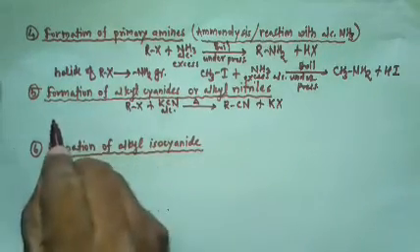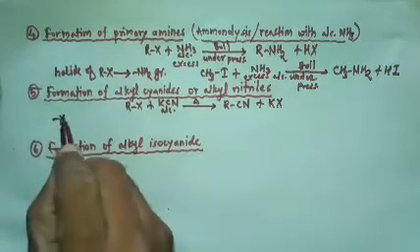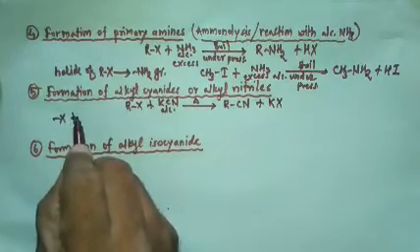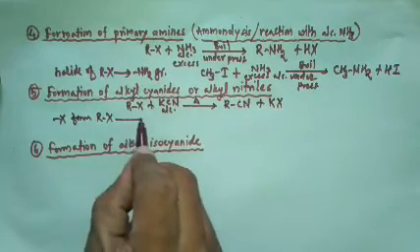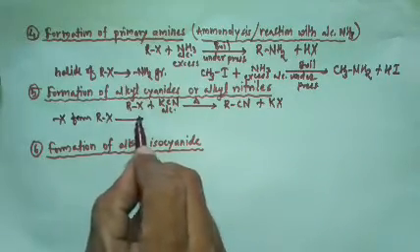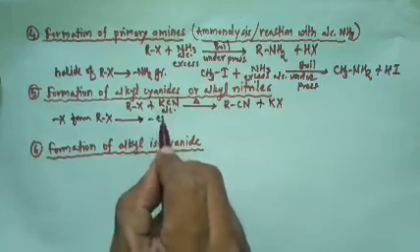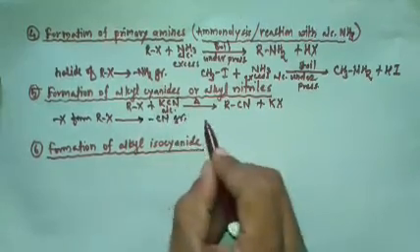So in this reaction, halogen from alkyl halide gets replaced by CN group or cyano group.